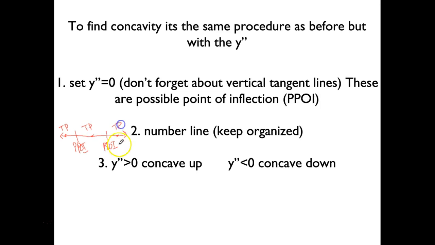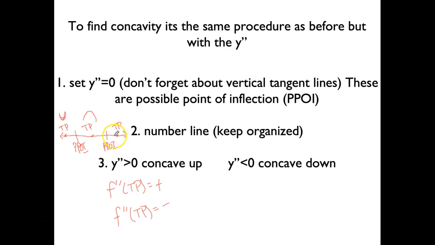And you're going to be plugging those test points into the second derivative, yeah? And if your test point comes out to be positive, that means it's concave up right there. Let's say you plug your test point into the second derivative and it's negative. Well, that means it's going to be concave down. And that would mean that this is a point of inflection because it switched concavity.